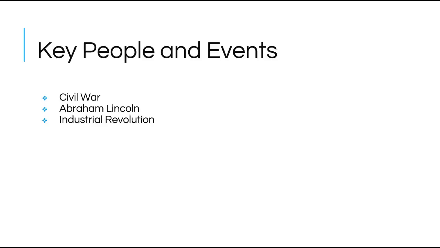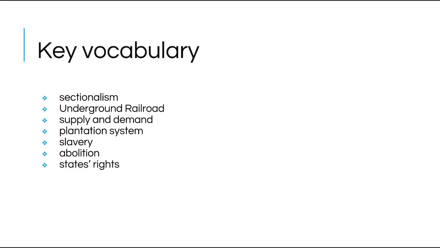That in the North, they had all these factories where people were working, and it was a very different economic system than in the South, where they were growing cash crops and they needed lots of labor. So that was one of the issues that came between the North and the South.